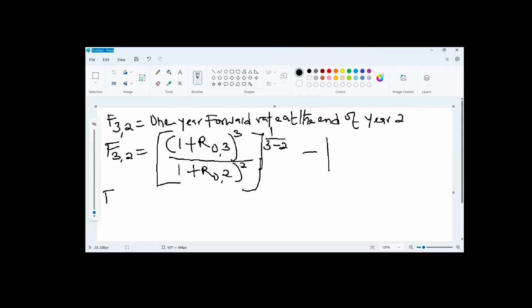My forward rate, 1 year forward rate at the end of year 2 is equal to, continue, 1 plus spot rate at the end of year 3, 0.0682.